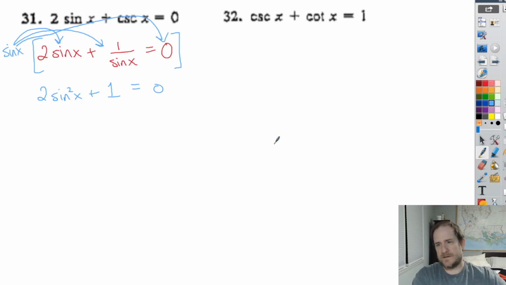If you do that, are you in danger of losing any solutions? Are ya? Maybe. Maybe a little bit you are. No, you're not. Because what's the alternative?